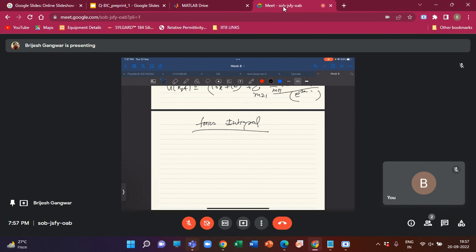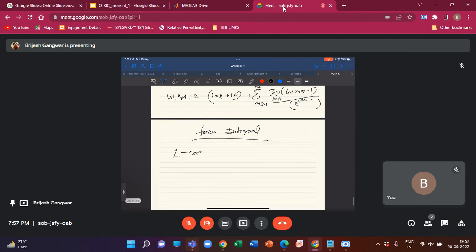So one question which arises quite naturally is what happens in the case L tends to infinity. From the above we are considering some periodic function from minus L to L, a periodic function in a finite range. But what will happen if this periodicity goes to infinity?